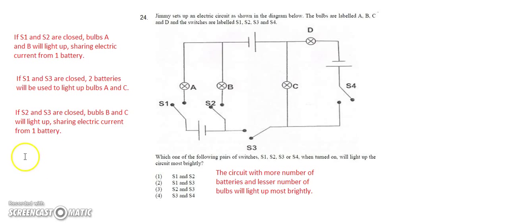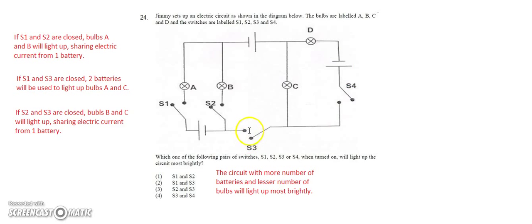Okay, so let's take a look at option 4 for switches 3 and 4. Now if switch 3 and 4 is closed, switch 3 will not make a difference because all these other switches are opened. So switch 4 is the only effective switch.